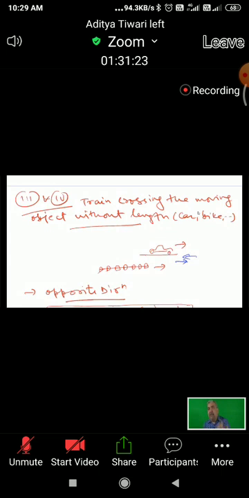Car, bike, rickshaw, they are moving, and the length of car or bike or rickshaw is negligible with respect to train. Now train crossing the car, they can move in same direction, they can move in opposite direction. In both situations, the distance traveled by train will be equal to its own length.